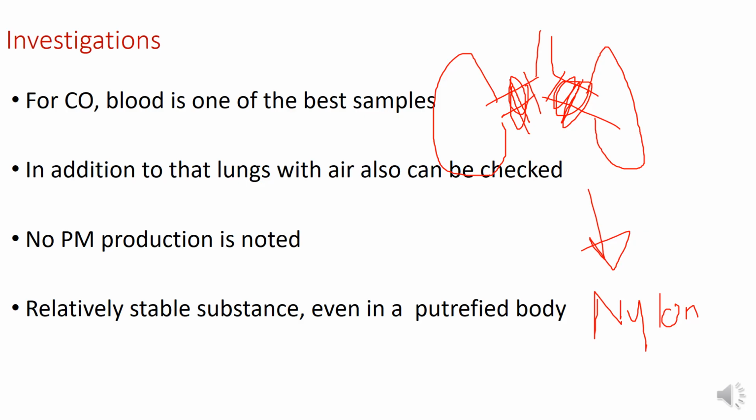As a result, even in putrefied dead bodies, sometimes we can analyze carbon monoxide to find the cause of death. So what's the point that I am going to highlight? Cyanide is quickly destroyed, so when compared to carbon monoxide, it's relatively stable. Even in putrefied dead bodies, we can analyze carbon monoxide at times.